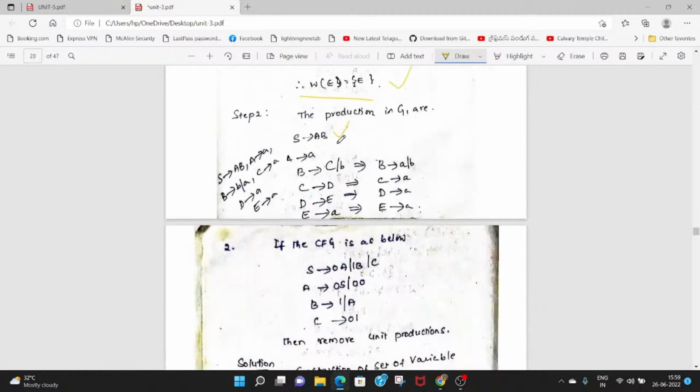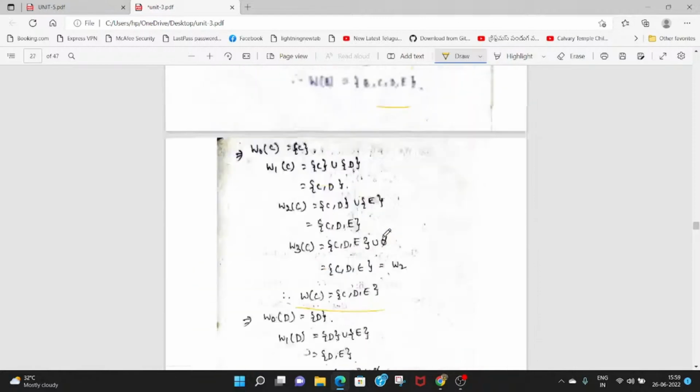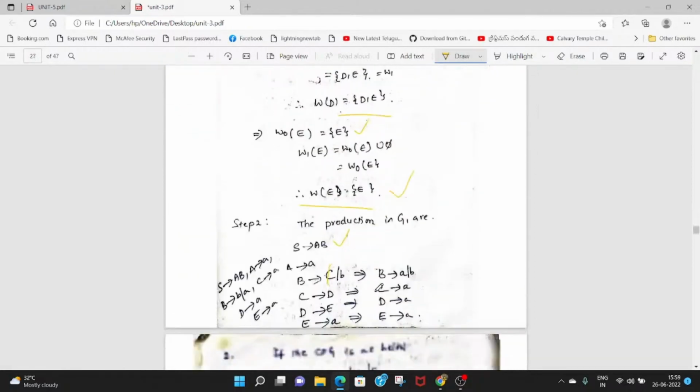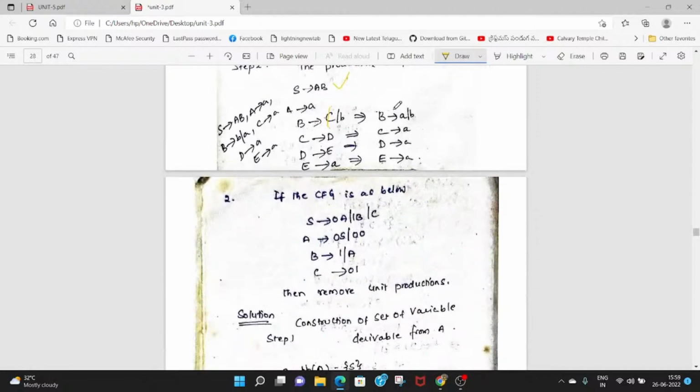What can I do simply? In place of C, what is it going to derive? C tends to D and D tends to E, so indirectly C is going to derive the terminal a. Because of that, B tends to C is replaced with B tends to small a. And again I have C tends to D, again a unit production.